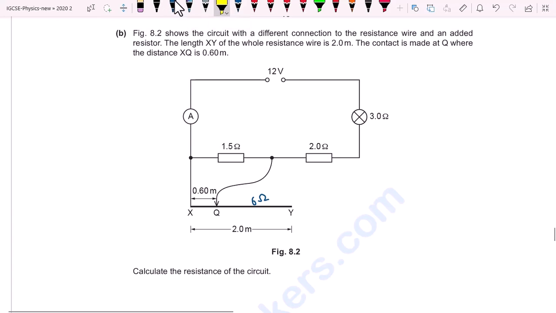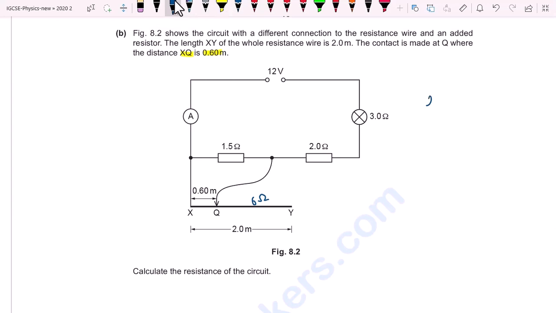Here the connection is made at Q where the distance XQ is 0.60 meters. The distance between X and Q is 0.60 meters. Calculate the resistance of this circuit. We also are given the length.